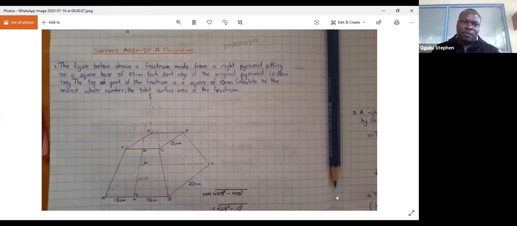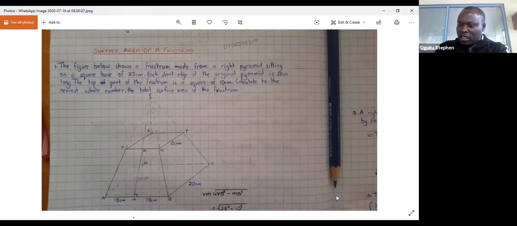Now, this is the question. The figure below shows a frustum made from a right pyramid sitting on a square base of 20 centimeters. Each slant edge of the original pyramid is 28. The top part of the frustum is a square of 10 centimeters. Calculate to the nearest whole number the total surface area of the frustum.